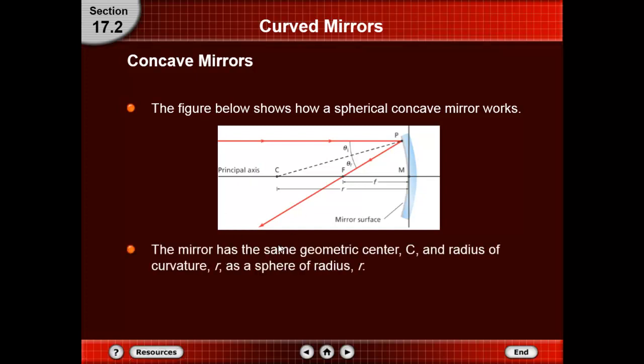The mirror has the center C. We call this point C the center of the mirror, and the radius of curvature is R. This is the distance from C to M, which we call the radius of curvature, the radius of the sphere.